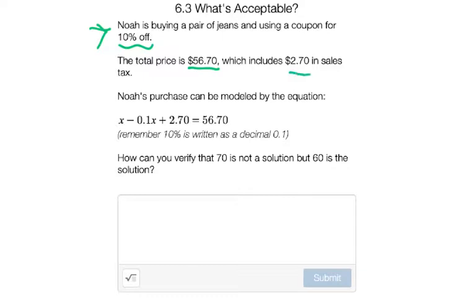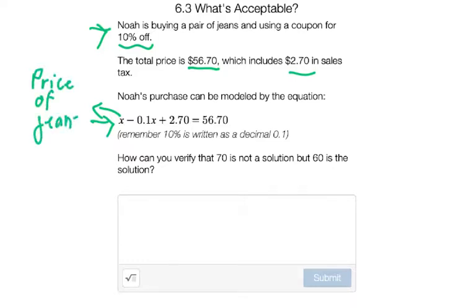We know that the price that he paid included $2.70 in sales tax. We also have an equation here. And remember, we figured out that the solution was the value of X, and we were told that it's the price of his jeans. So this is the price of the jeans.